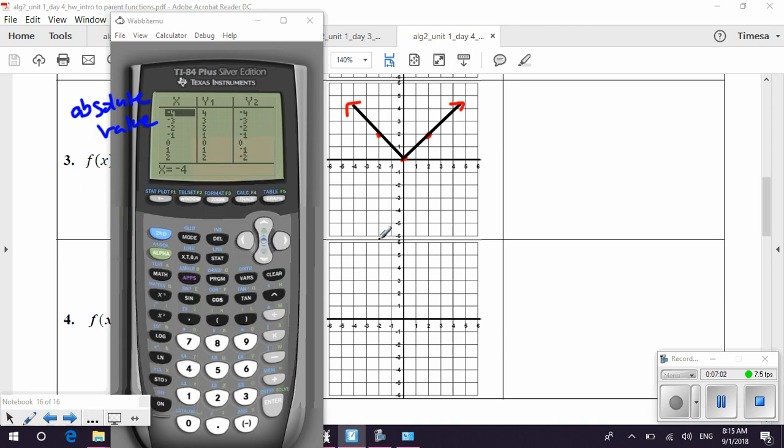For baby, it's still the origin, but at positive 2, it's negative 2. At negative 2, it's also negative 2. So again, remember you gotta look at y2 for the baby y's.